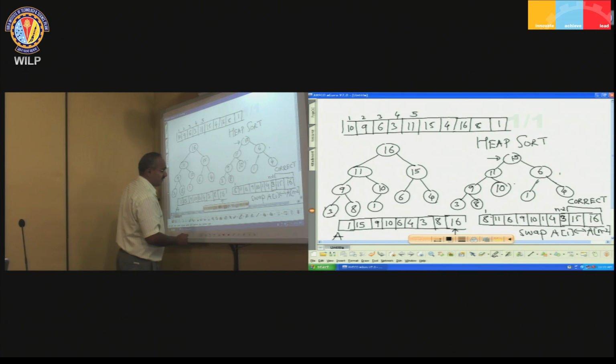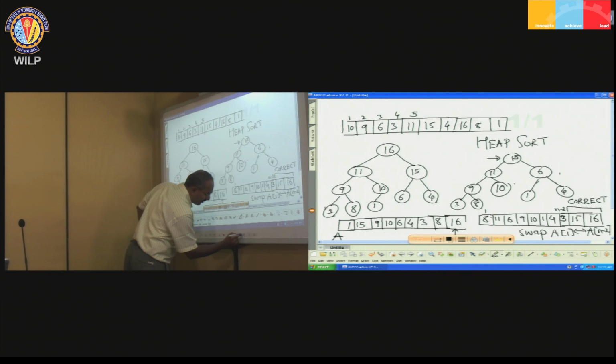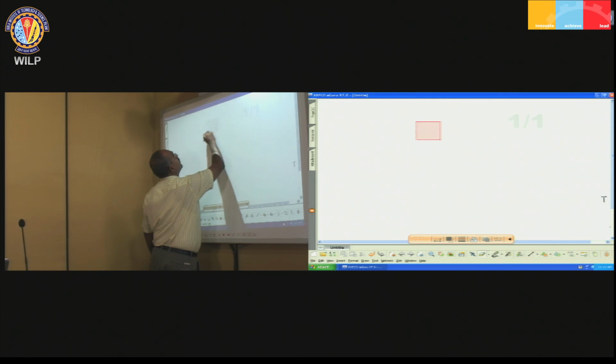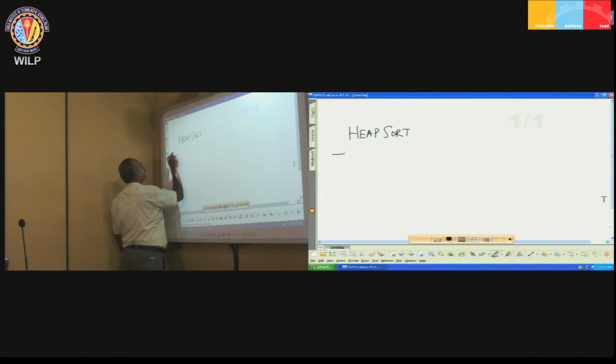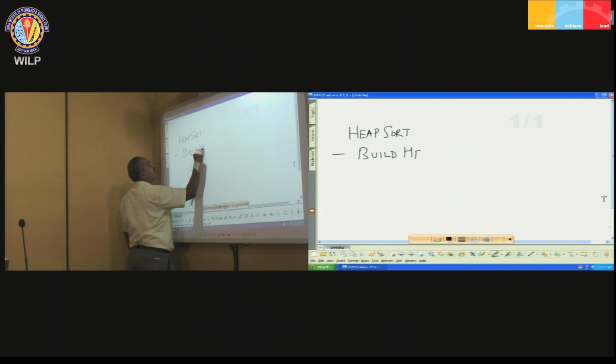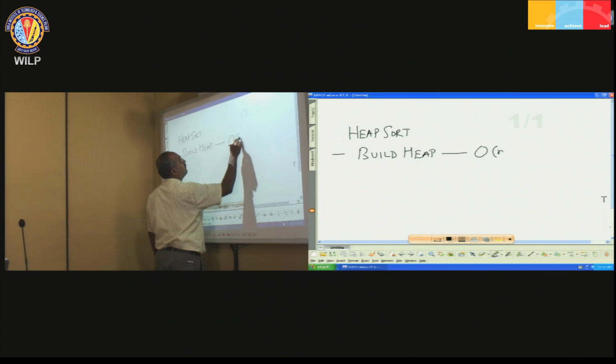Let us try to write down the analysis now. You have the procedure heap sort. The first part of this is build heap. We saw this takes order n log n time.